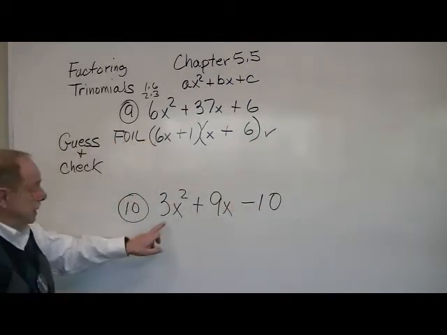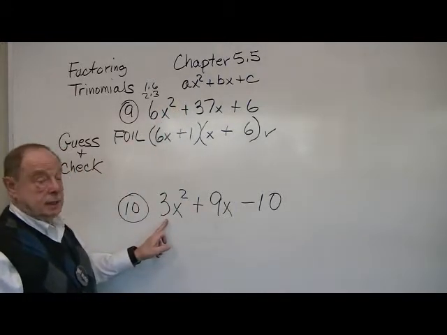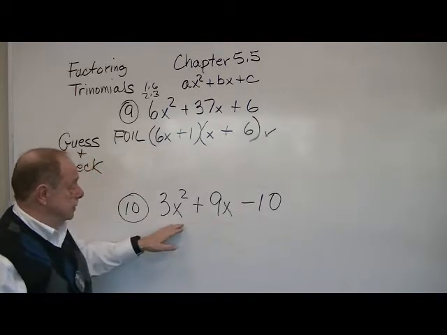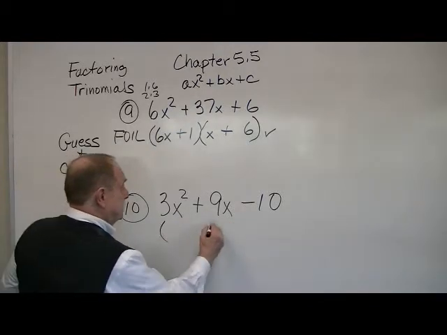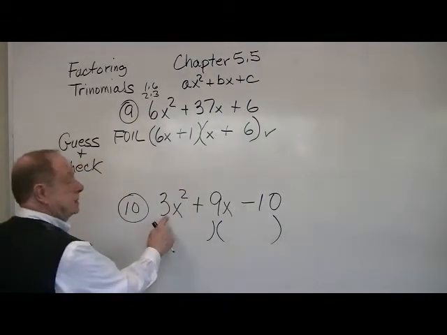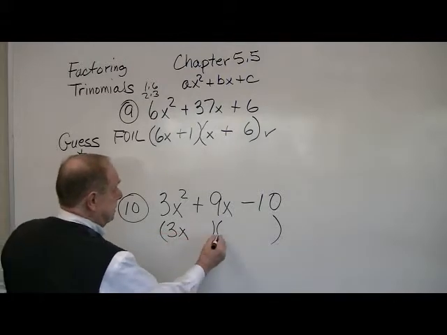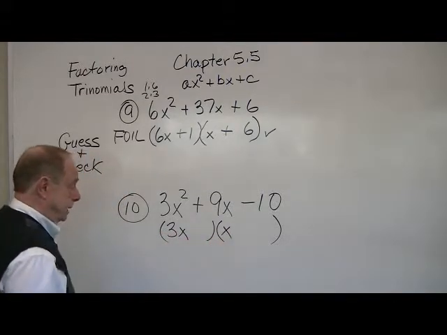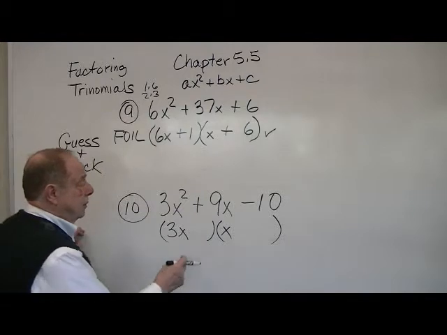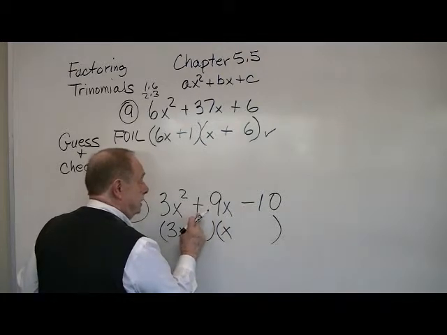All right, again, A is not 1. There's no common factor. So we put our 2 sets of parentheses. And since 3 is prime, we know that this is going to be 3x and this is going to be x. Now we look at and notice that that is negative and this is positive.